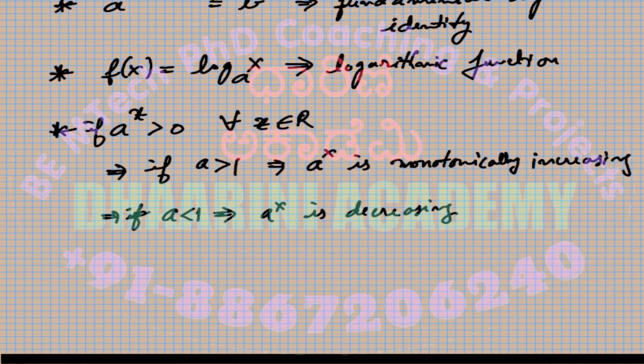Anyway, if a to the x is equal to b, I'll still convert this into a log function and use it. So for that reason, we have to remember this. Next one. If a is greater than 1, then a to the minus infinity becomes equal to 0.